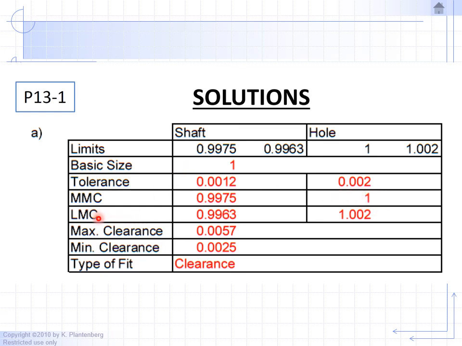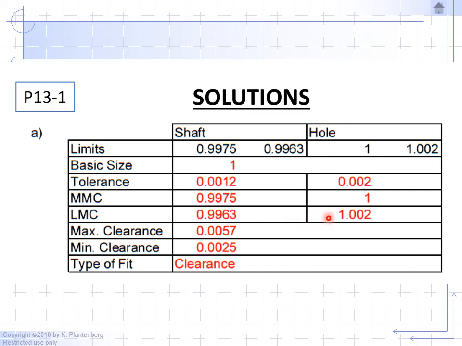Now, least material condition is when the object is at its lightest, right? So the shaft is at its lightest when it has the smaller diameter of 0.9963. So least material condition for the shaft is the small diameter, 0.9963 inches in diameter.